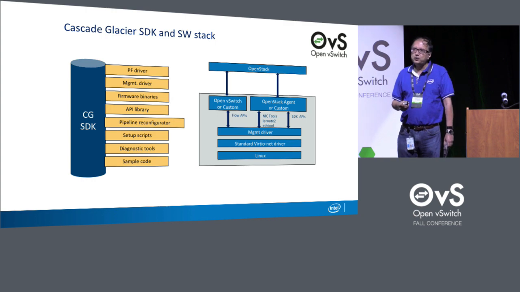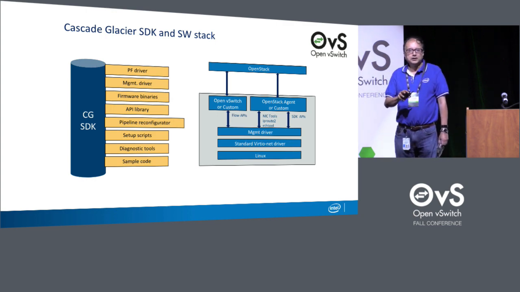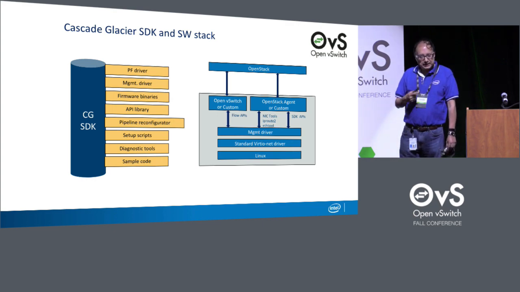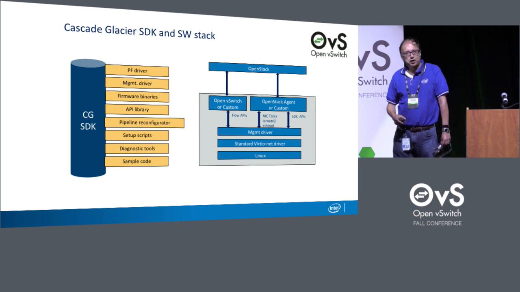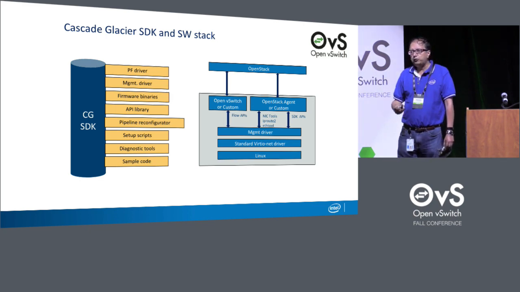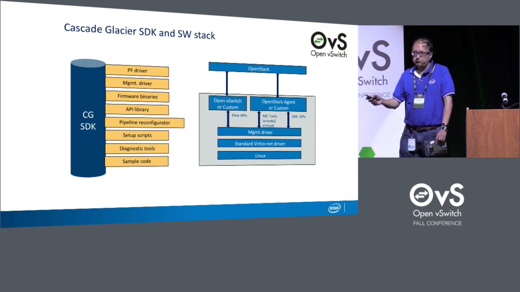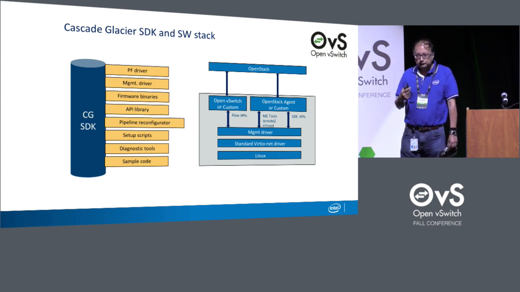So the solution that we have effectively, again, Cascade is the first step, and then we will have Cascade offload Open Virtual Switch, and then we will have other products from this family that will do storage offload and other things. But hopefully, with this family of products, we would be able to get to a point of zero infrastructure tax, so that the cloud service providers are able to fully extract revenue from all of their cores.